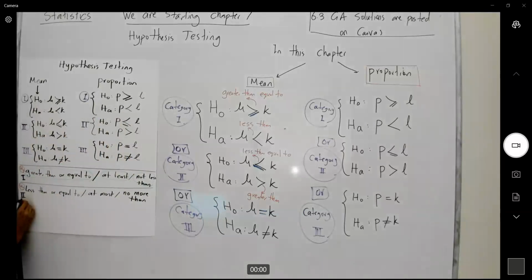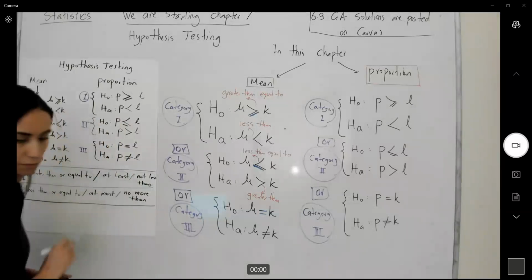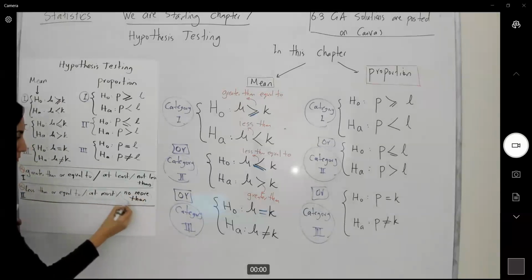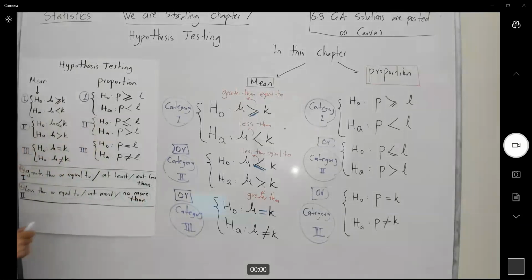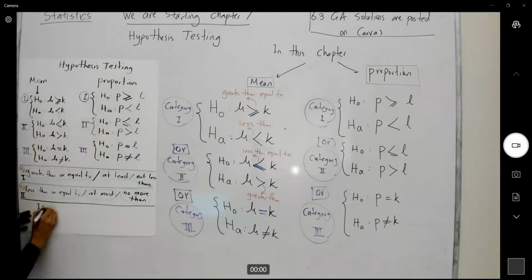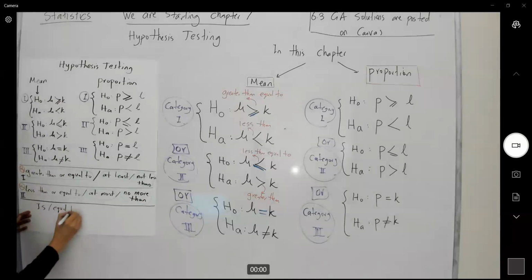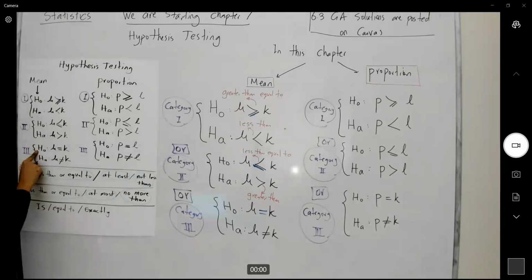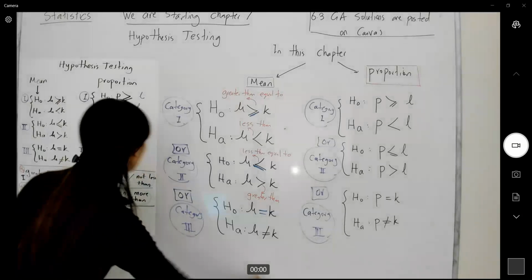Very well. What else? If you see equal to, exactly, if you see these two, let me just put them in green color. If you see is equal to, exactly, it means that your null hypothesis in the third category is given.